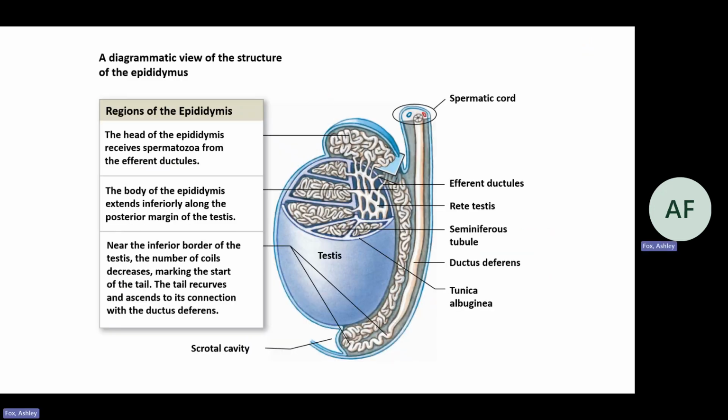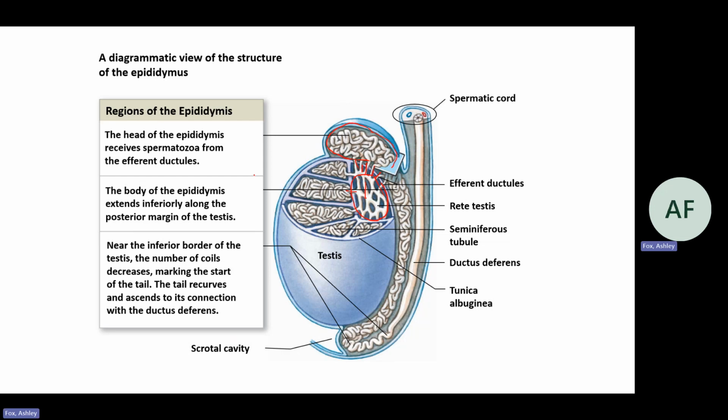So again, looking at the epididymis, we have the seminiferous tubules and the lobules here. And then they lead to the straight tubule, which leads to the rete testis, which is this kind of combination here. Leads to the efferent ductules, which is going to lead to the head of the epididymis.